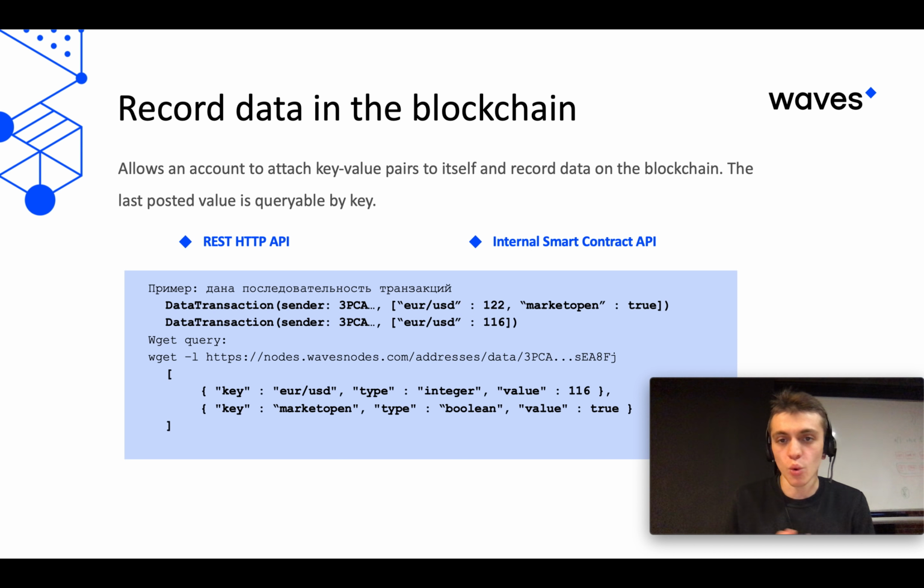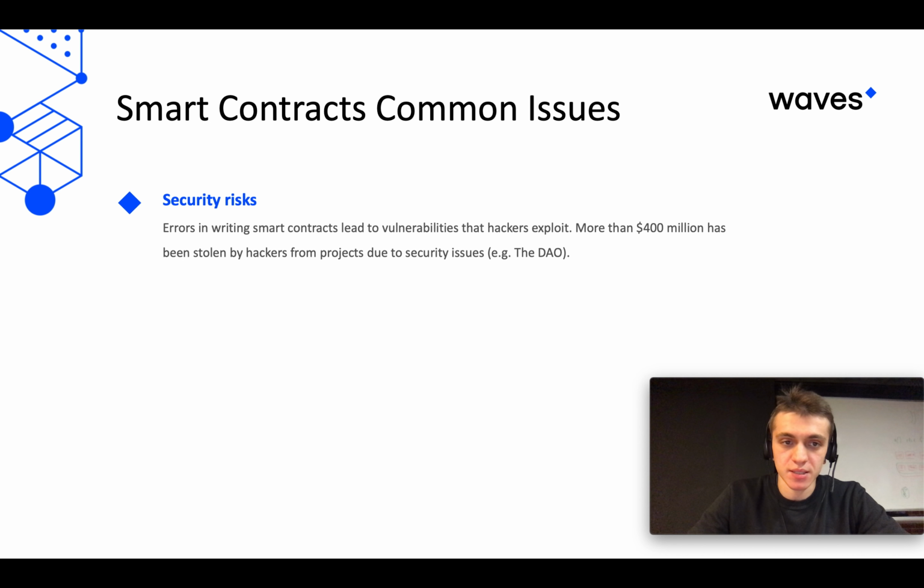So, what is a smart contract? The simplest definition of a smart contract is a piece of code which runs on nodes, usually on all nodes in a blockchain network. But there are a lot of issues with smart contracts.